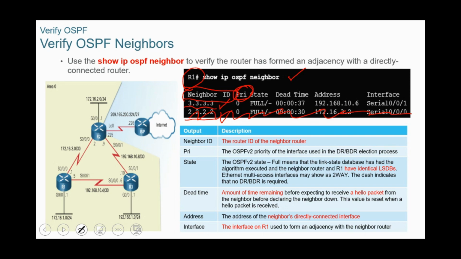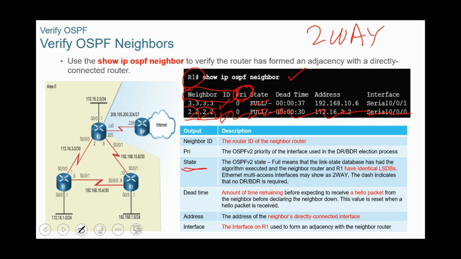And the indicator for the state is full and so on. Full means that the link state database has the algorithm to execute, and the neighbor router and R1 have identical LSDB, which is the link state database. Ethernet multi-access interfaces may show as two-way if you are not getting full but you are getting two-way.